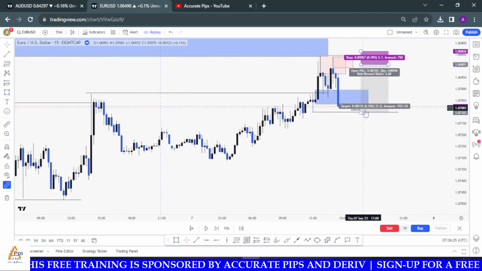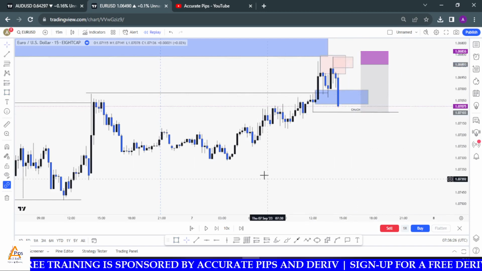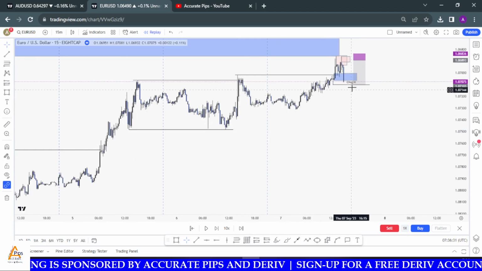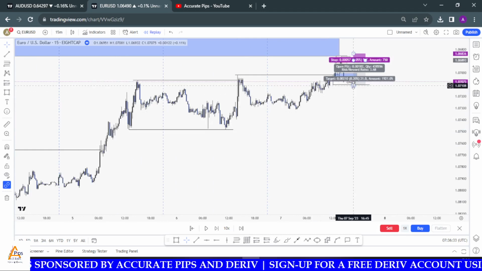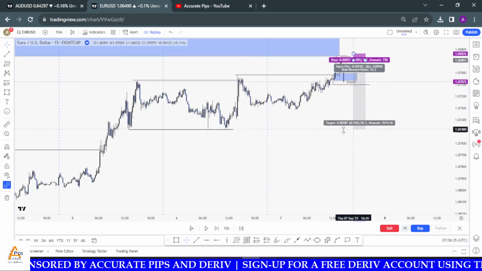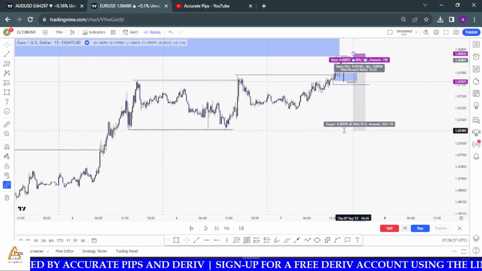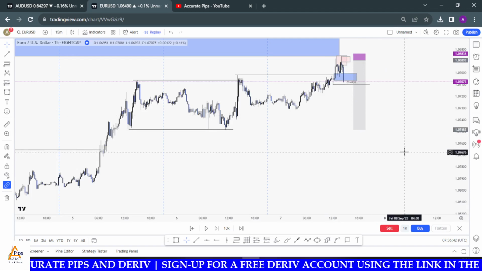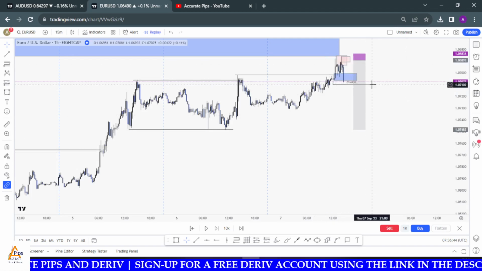As I said, this is where I'm targeting, but my main target is always here, my last previous 15-minute low. Okay, so here means that I'm taking partials.